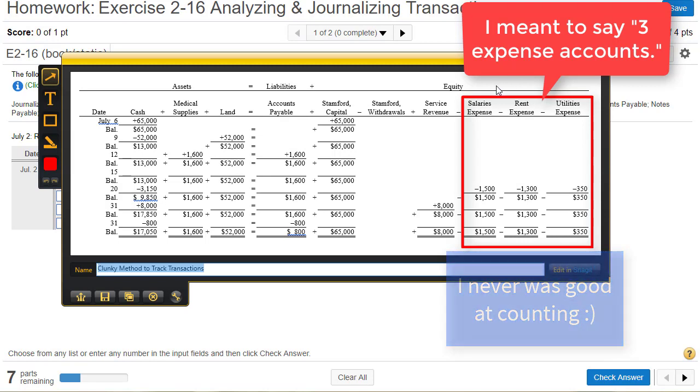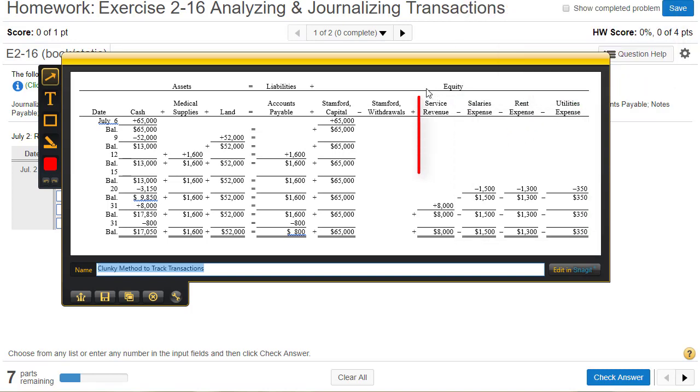Now realistically, companies have way more than 3 different types of expenses. So just to keep track of your expenses, you might have 50 or even 100 or more columns for expenses. And companies usually have more than one type of revenue to keep track of.